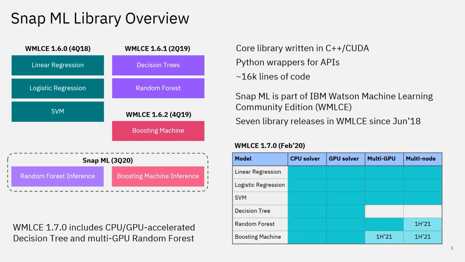We also offer distributed solvers for the generalized linear models, and we are currently working on multi-GPU boosting machine solvers and multi-GPU and multi-node distributed solvers for random forest and boosting machines, which we hope to offer in the first half of next year.